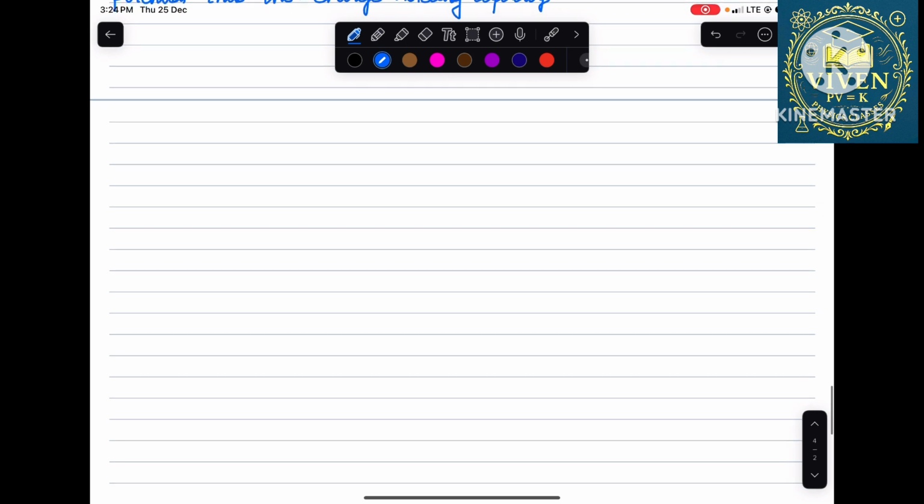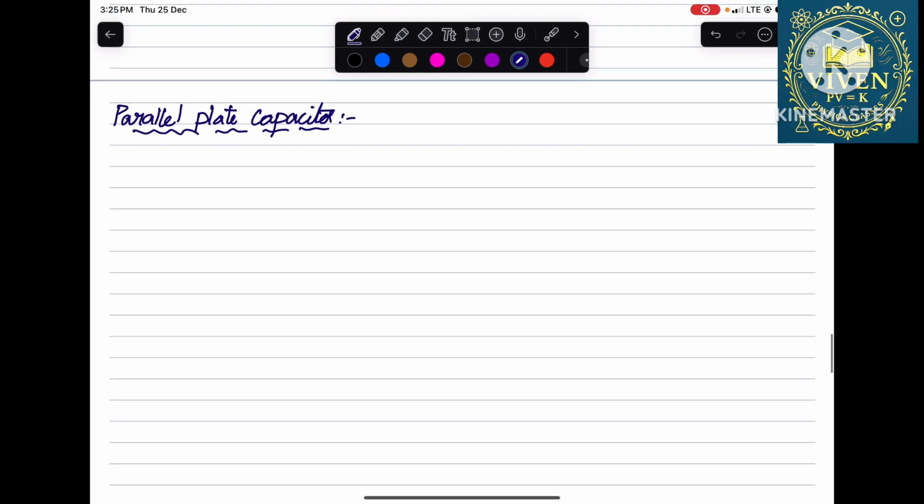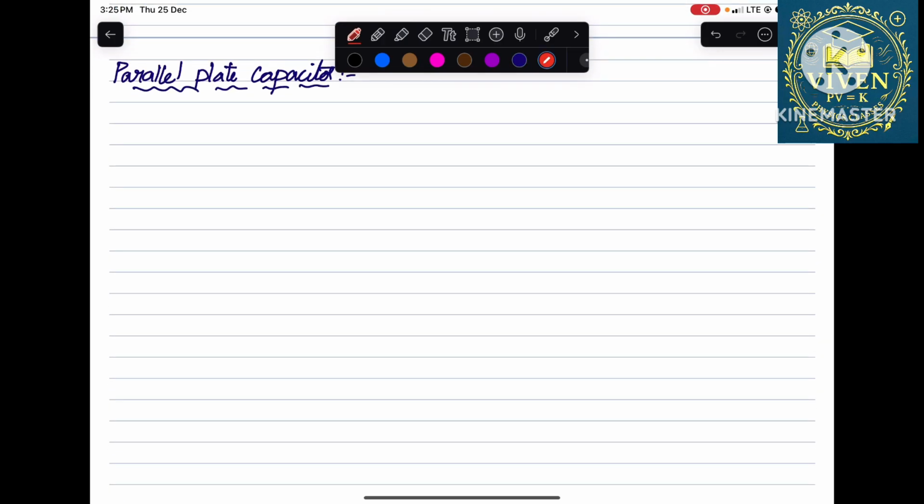As started already, principle of capacitor, now I would like to learn about the parallel plate capacitor, the most important one, and this is the crucial heart of the chapter. So parallel plate capacitor. I would like to show you a diagram, a three-dimensional view of this parallel plate capacitor.